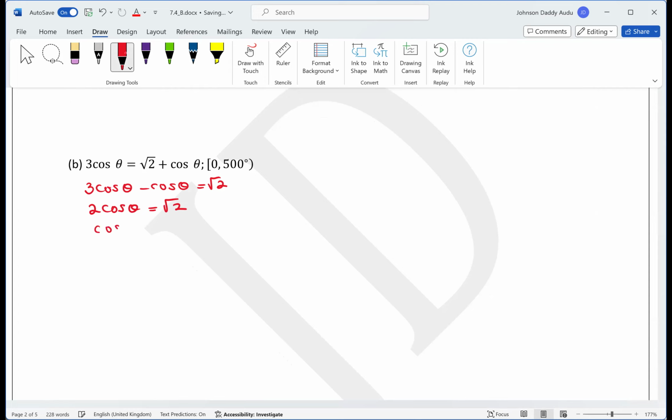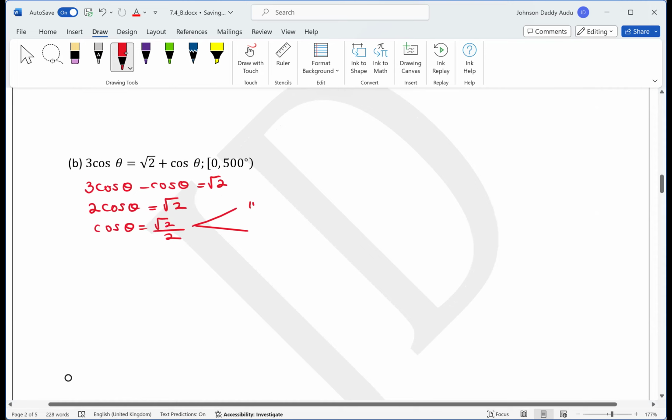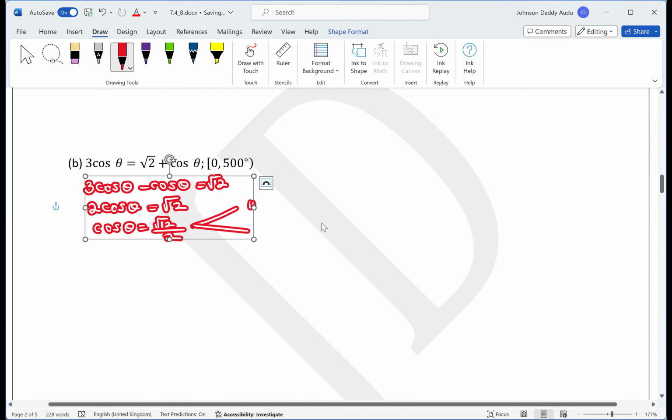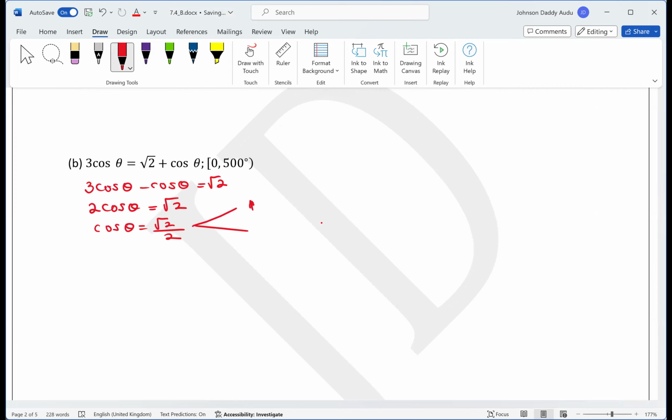And that means cosine theta is root 2 over 2. So cosine is positive either in the first quadrant or in the fourth, right?